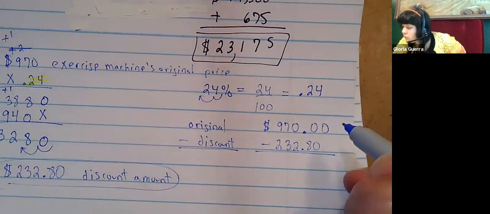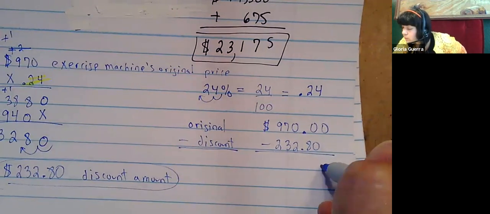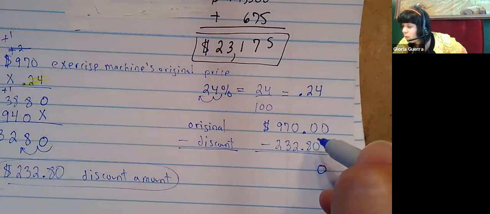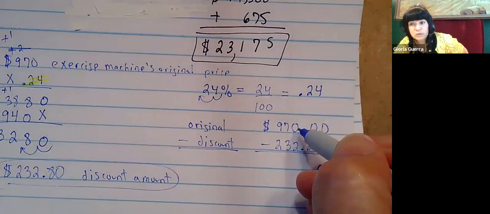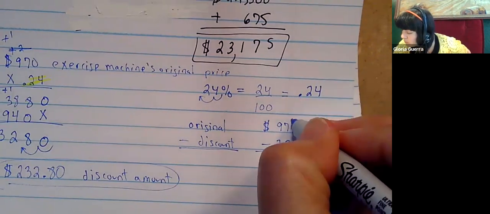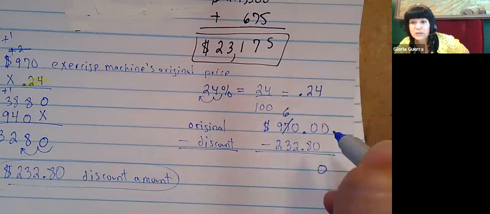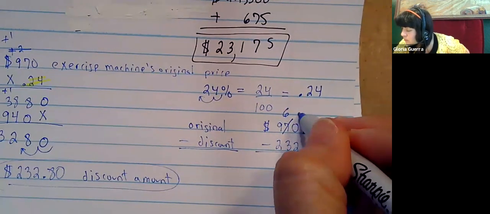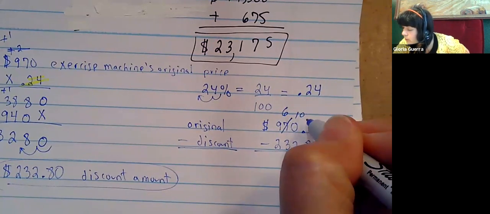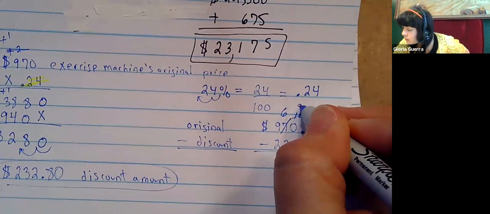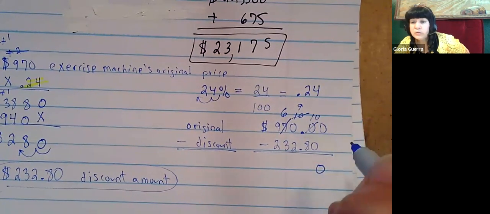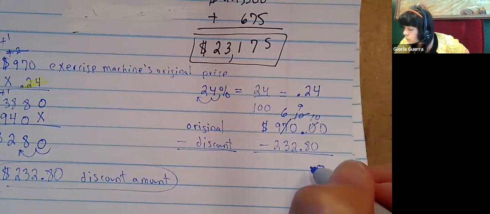So 0 take away 0 is 0. 0 take away 8. Notice how we cannot do that, so we have to borrow. But look how this is also 0, so I can't borrow from that. So I have to go all the way to 7, decrease the 7 and make it a 6. But now this 0 becomes a 10, and so now I can borrow. So now I decrease that 10, make it a 9, and now this 0 is a 10. So 10 minus 8 is 2.